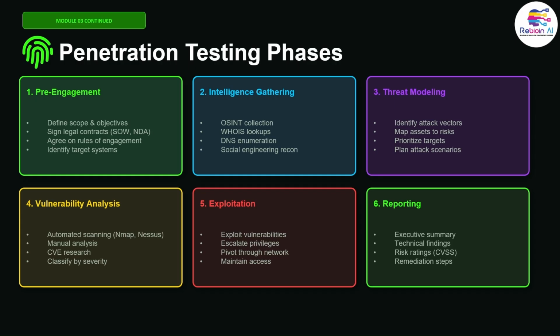Frameworks like PTES, the Penetration Testing Execution Standard, and the OWASP testing guide formalize these phases. When you work for a company, these are the standards you follow. Let's go to the next slide.